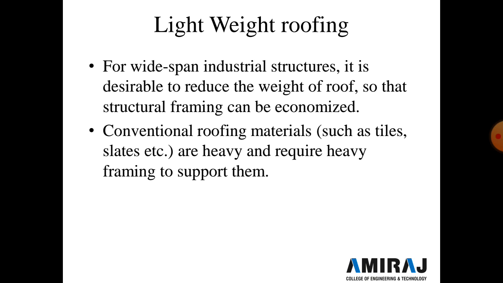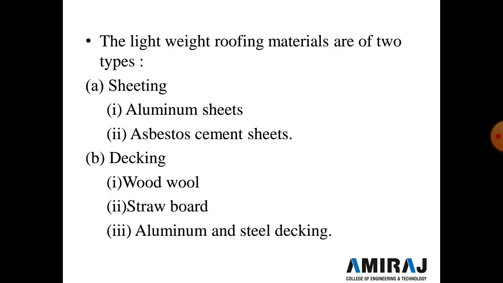Now next is the lightweight roof. For a wide span industrial structure, it is desirable to reduce the weight of the roof so that the structural framing can be economized, and conventional roofing materials such as tiles, slates, etc. are heavy and require framing support. Lightweight roofing materials are divided into two parts.